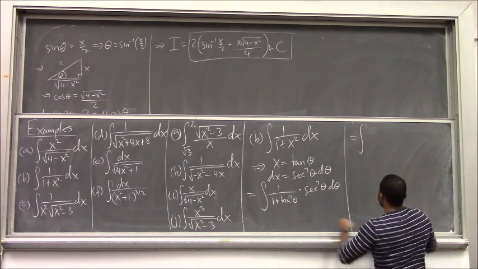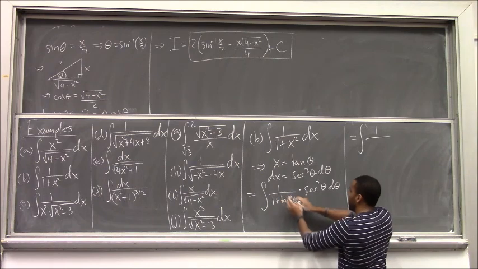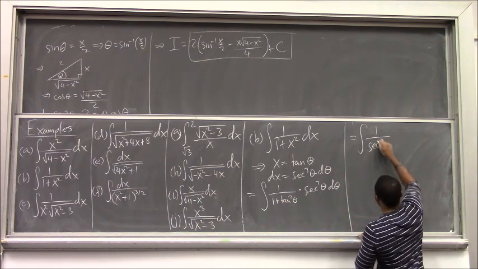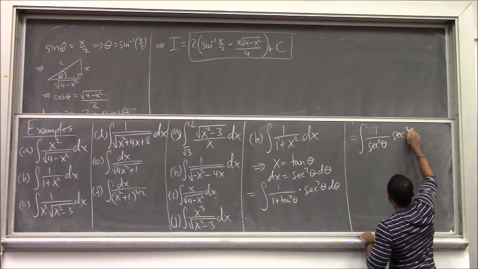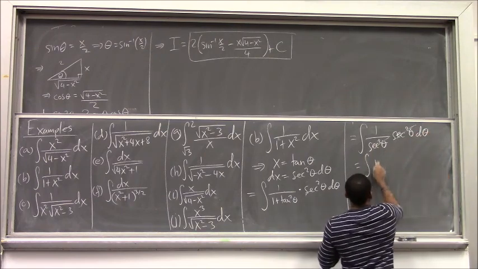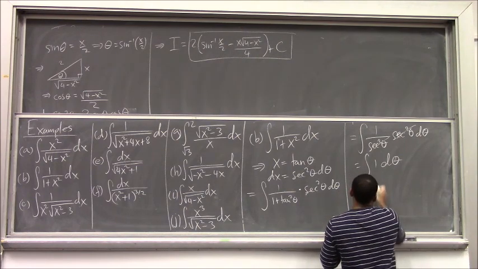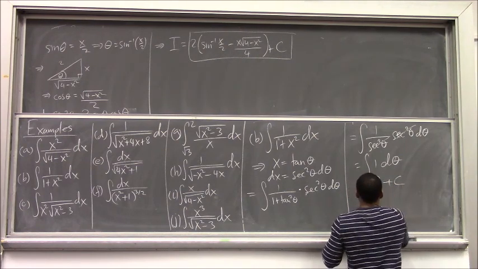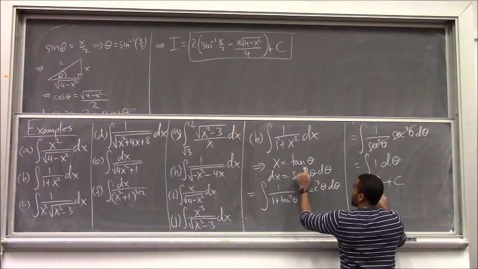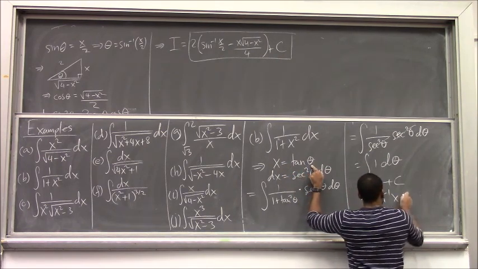One plus tangent squared is secant squared, right? Remember, the whole point of doing this substitution is to get these two terms to collapse into one. So that cancels that. You just have the integral of 1 d theta. What's that? Theta. What's theta? Well, if x is tan theta, then theta must be tan inverse of x.